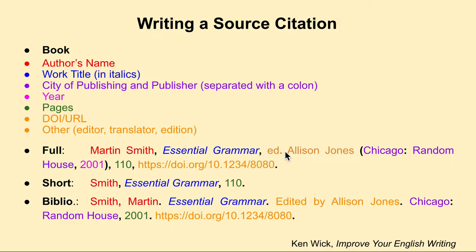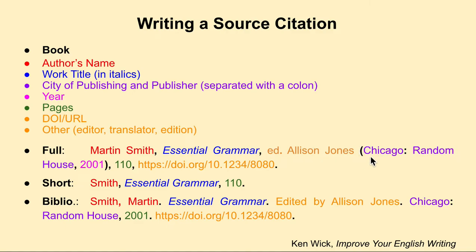In this case, what comes next is, now I only put in editor, editor right here. But actually, if you had an edition or a translator, it would go right in this slot right here. So it could be editor, it could be translator, it could be 3rd edition right here. But you would put comma, then you put one of these 3 types of other information or publication details right here. Then you put the city of publication and the publisher in parentheses.